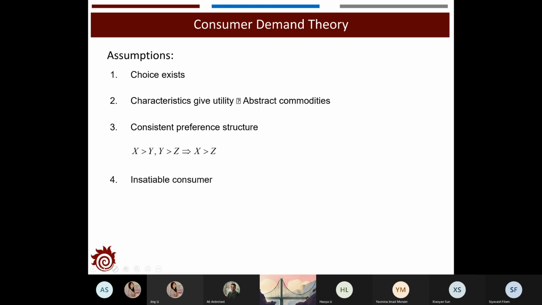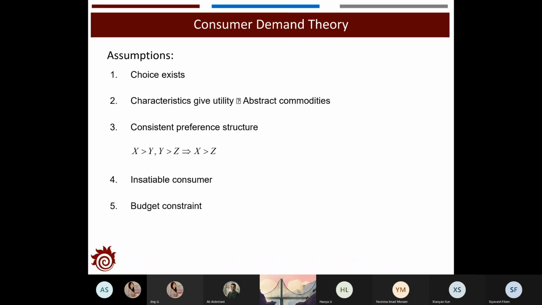And the fourth one is the insatiable consumer. So basically we assume that most consumers are very greedy. They always want to get more products, and they always want to spend less money to get the optimal amount of the products they can take.